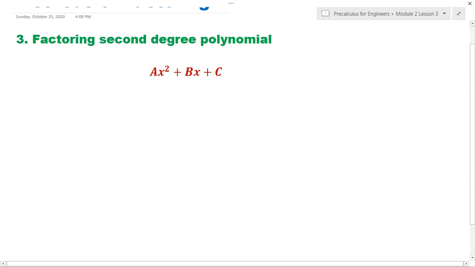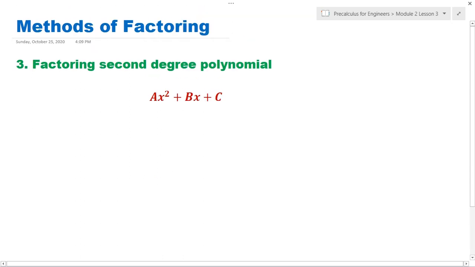Next, how about we have the form ax squared plus bx plus c. So how is this? Now we have two things to look at. You have now the factor for c. Let's say our factor for c is a times b and our factor of a is c times d. The middle term should be equal to ad plus cb or ac plus bd.